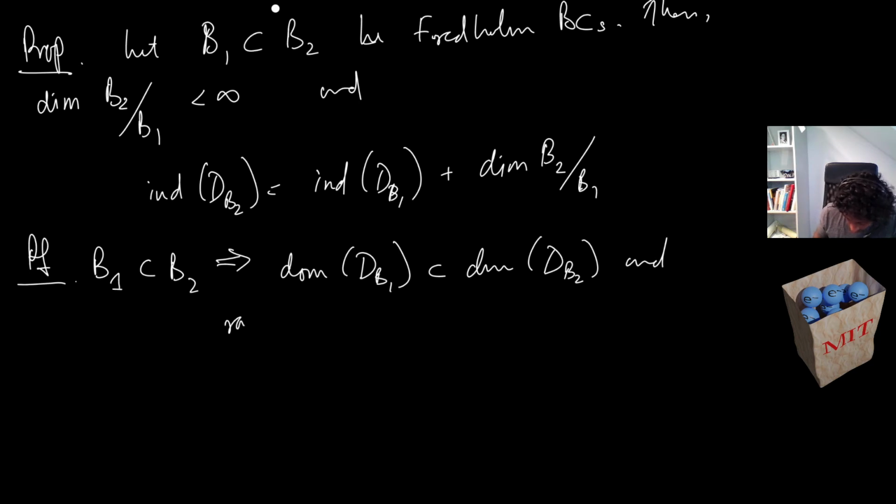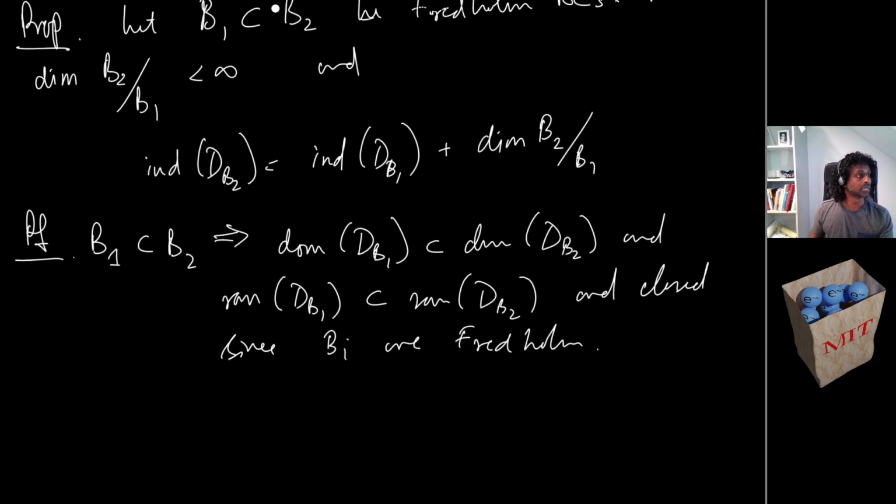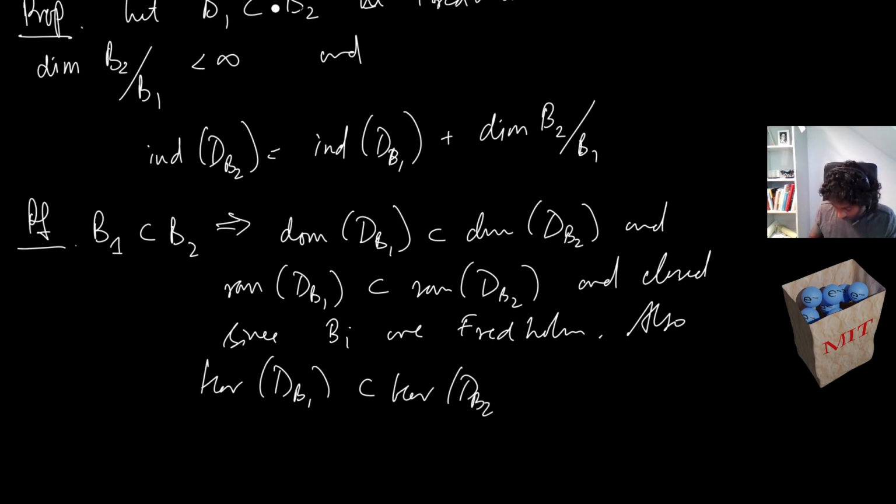And also the range of dB1 is a subspace of the range of dB2 and closed, since the Bi are Fredholm. Also we have that the kernel of dB1 is contained in the kernel of dB2.